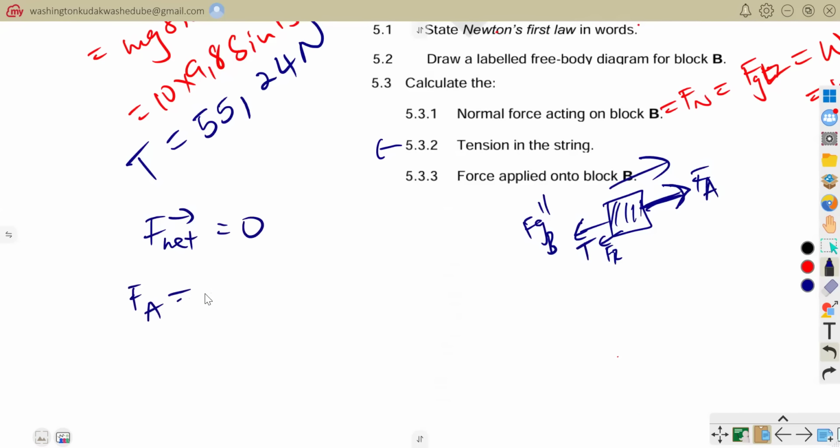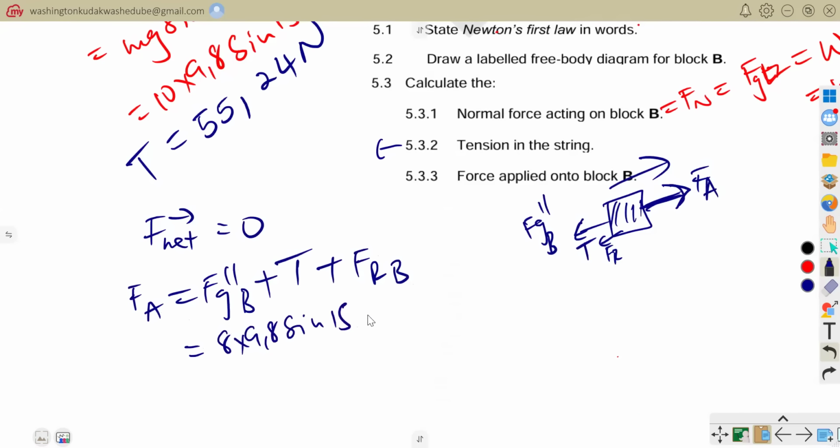So FA will be balanced by Fg parallel of block B plus tension plus Fr on block B. Fg parallel on block B is 8 times 9.8 sine 15, which we calculated, plus the tension that we calculated, which is 55.24, plus the friction, which is 0.31 times 8 times 9.8 cos 15.